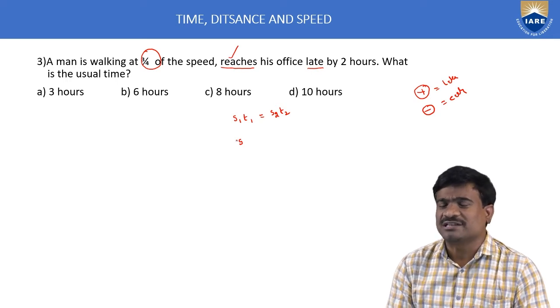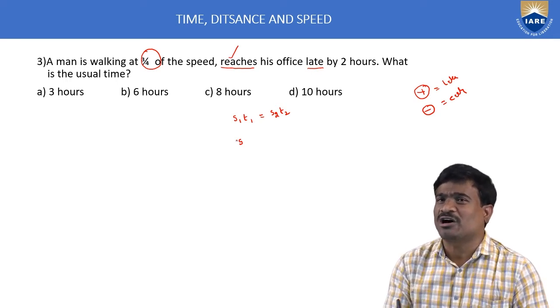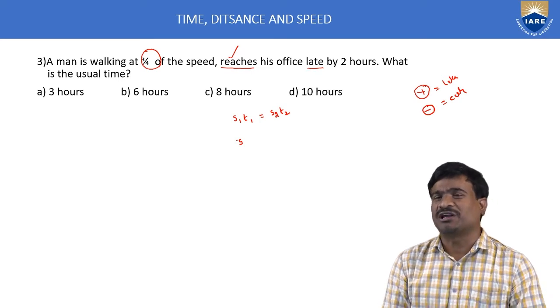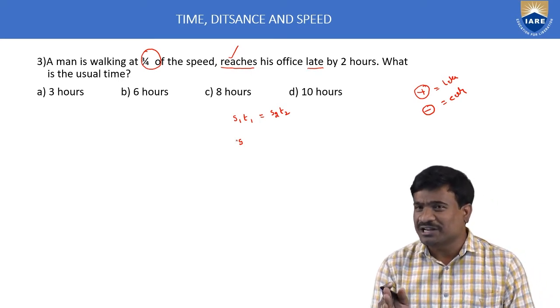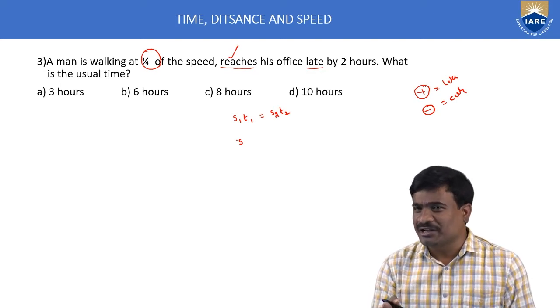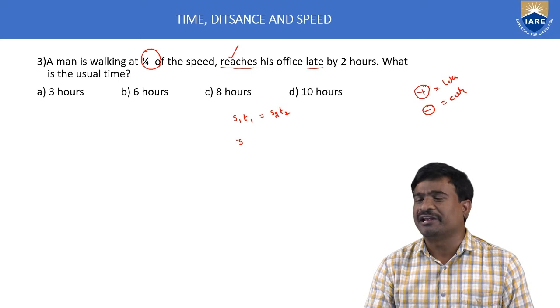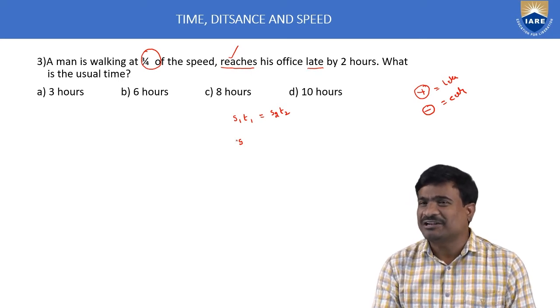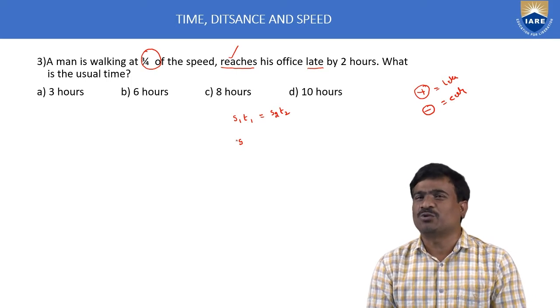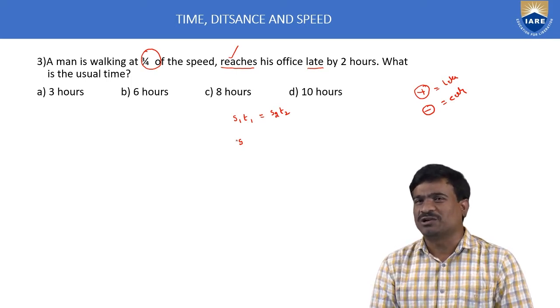Then S2 is equal to 3 by 4 of the speed, that is S2 is equal to 3 by 4 into S. Next, T1 indicates the usual time, equal to T. And T2 is late by 2 hours. Late means positive, means plus 2. In that equation, calculate only T, the usual time.